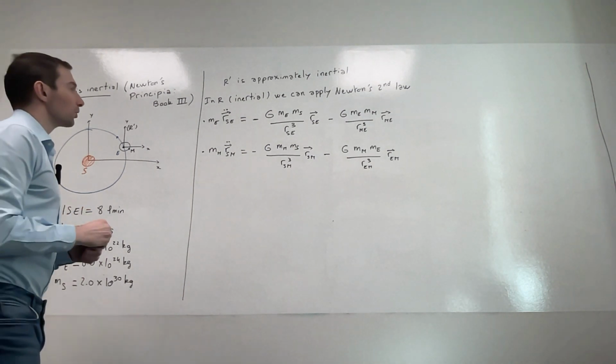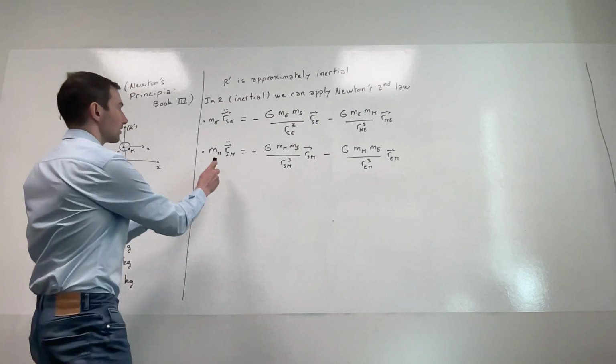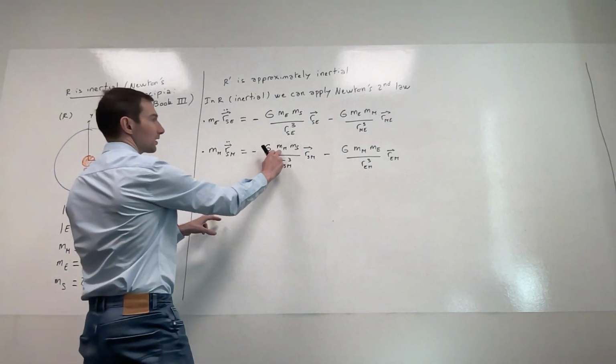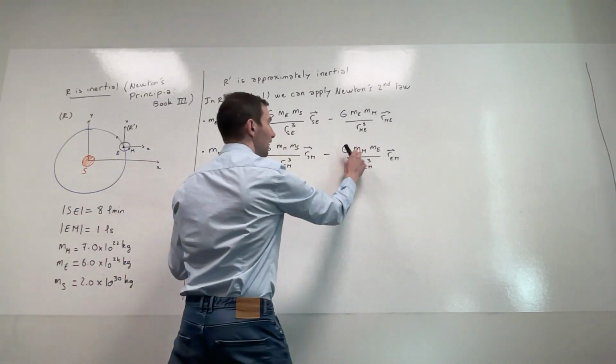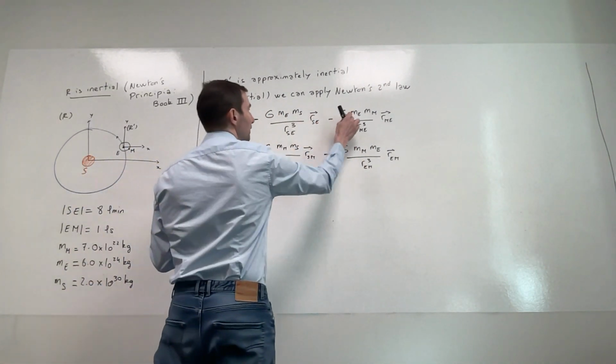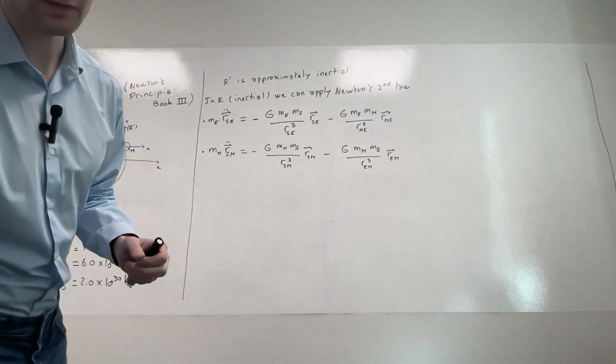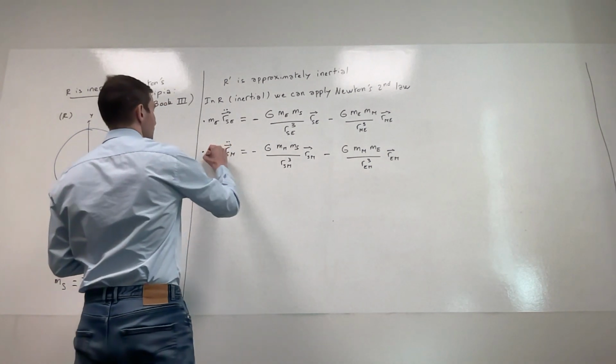So we are almost there. What you notice, and that's something very common, is that here you've got M_M, and that's also appearing here and there. And likewise here you've got M_E, M_E, M_E. So I can basically get rid of them, which I'm going to do in this fashion.